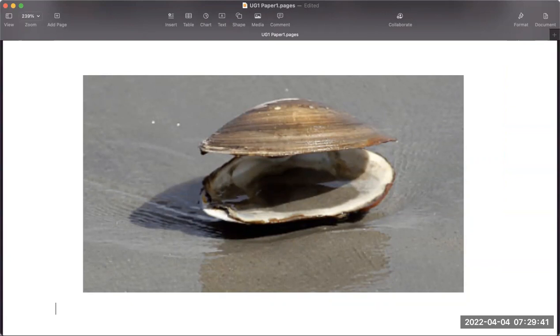Some are freshwater forms. Body is bilaterally symmetrical and laterally compressed. Bivalve shells are hinged together, and that hinge is present in the mid-dorsal line.